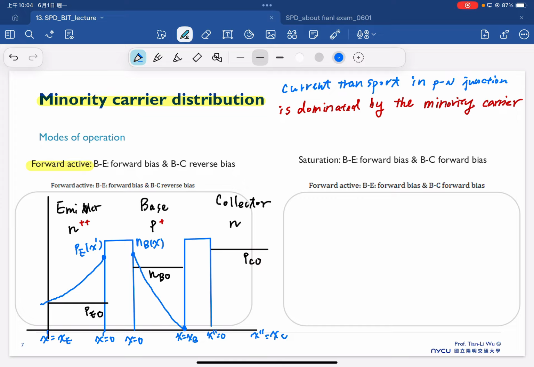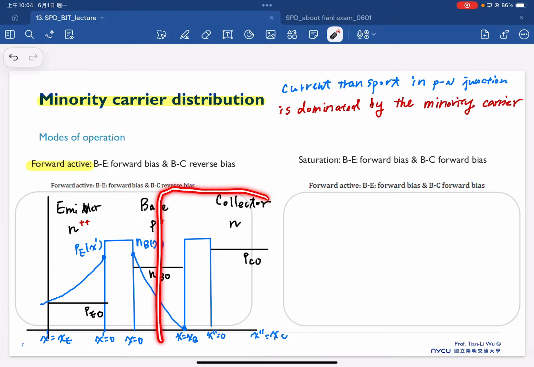So ideally we should follow the same analysis as the PN junction, where electrons are injected into the base region, and in the end follow the exponential decay to reach the equilibrium minority carrier concentration, which is N_B0. But the difference here is that we have the reverse bias here.